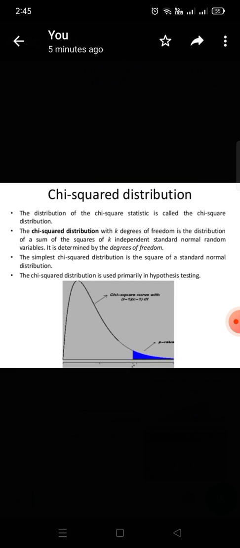The simplest chi-square distribution is the square of a standard normal distribution. The chi-squared distribution is used primarily in hypothesis testing. Here we can see the chi-square curve with 1 df.